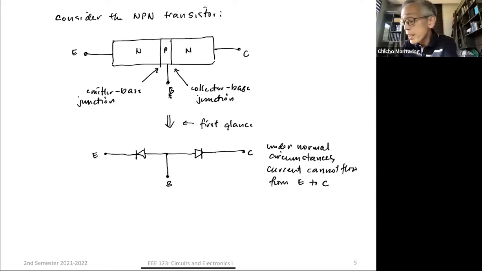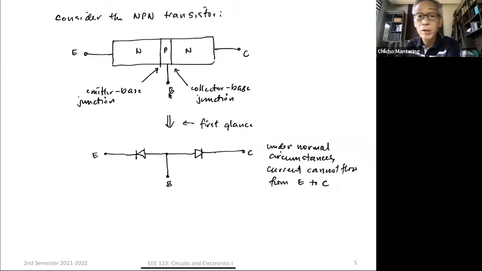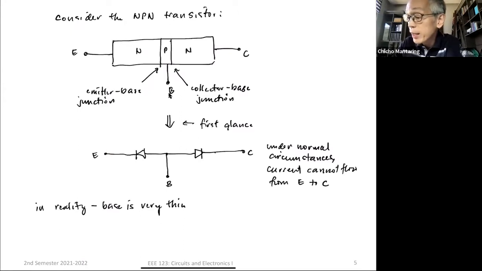But why did we say here that there are going to be charge carriers that will flow from the emitter and be collected by the collector? Well, in reality, the base is very thin. So when you have charges flowing, in this case electrons, because this is an N-type.